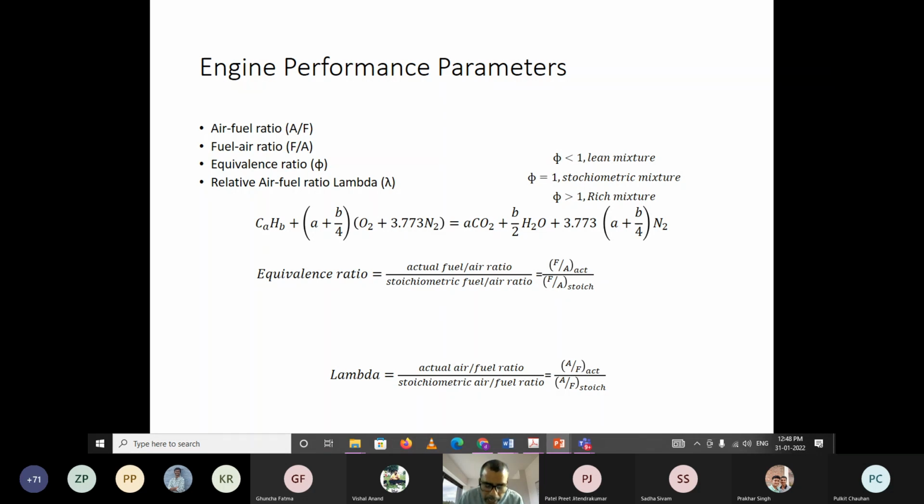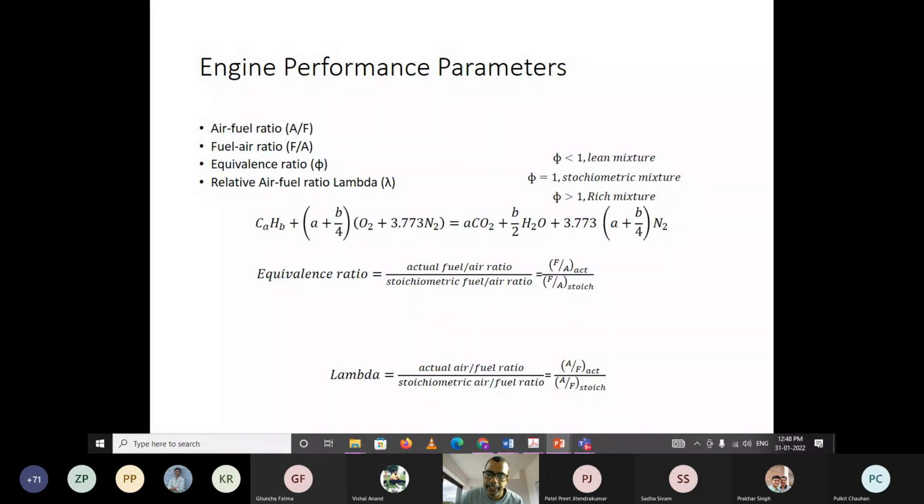So the mixture of fuel and air will be either a rich mixture, a lean mixture, or a stoichiometric mixture, depending upon lambda values. If lambda is equal to 1, it is a stoichiometric mixture.